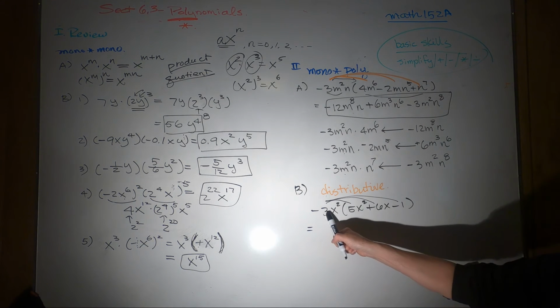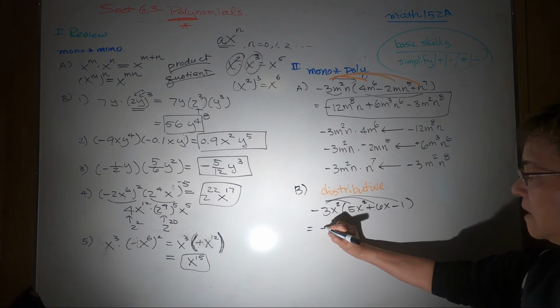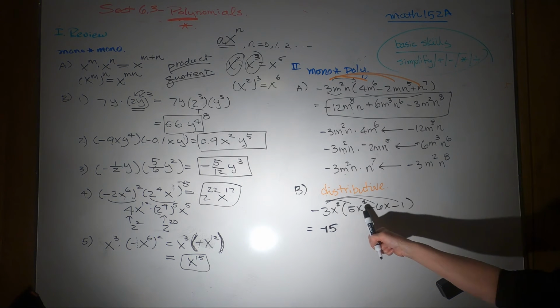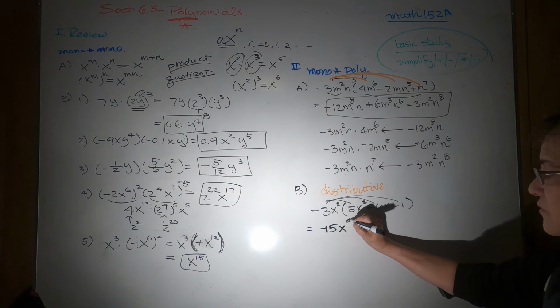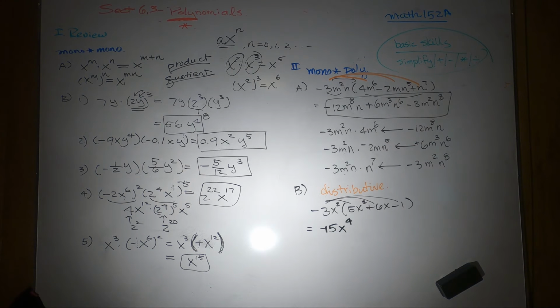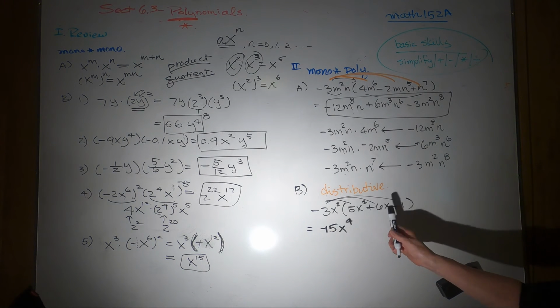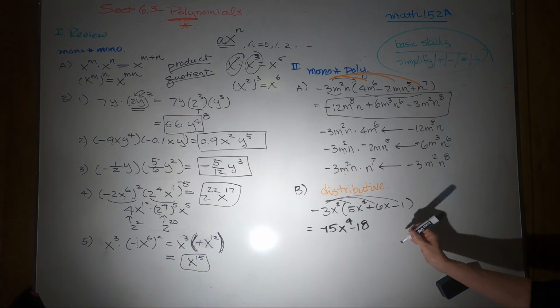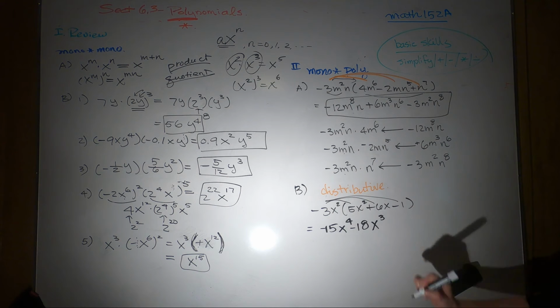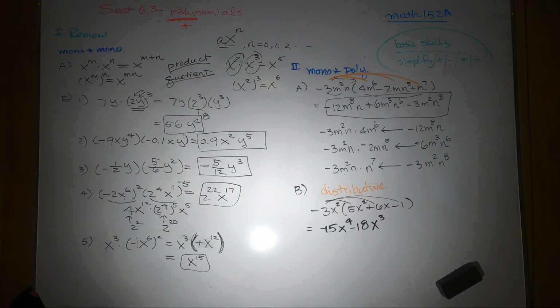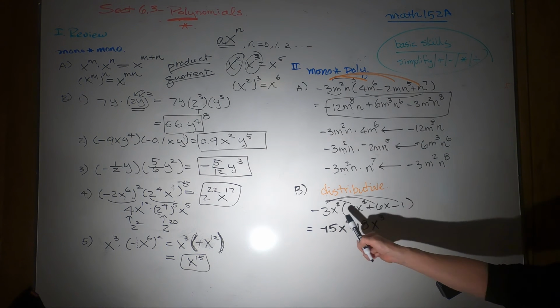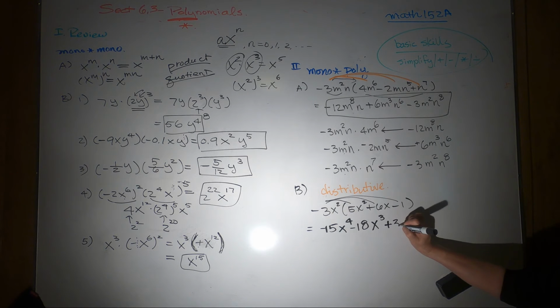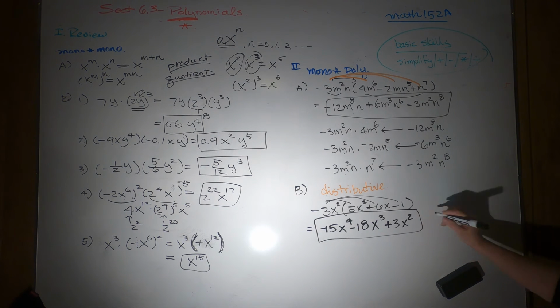So first one, negative 3 times 5, negative 15. x squared times x squared, x to the fourth, right? Second term, negative 3 times 6, negative 18, right? x squared times x, how many x's? x cubed. Last one, negative 3 times negative 1, positive 3, x squared, nothing here, so that would be x squared.